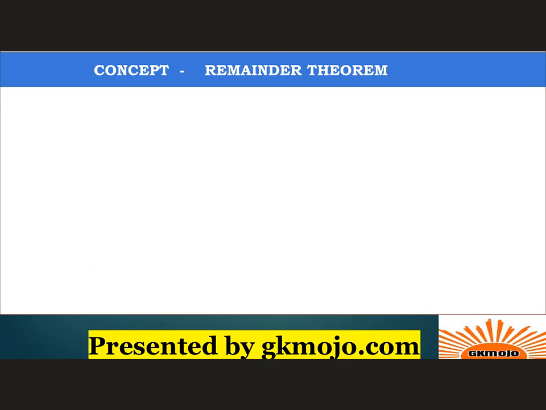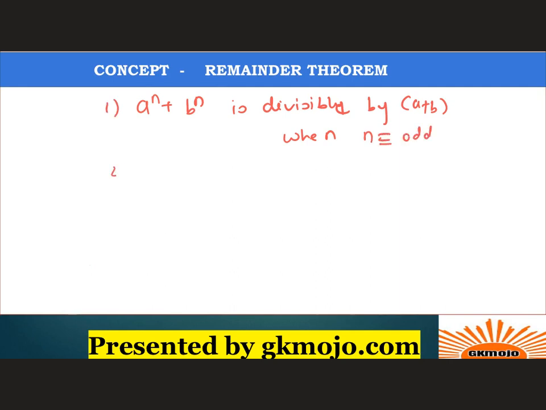Also some things that you should definitely know: a power n plus b power n is divisible by a plus b when n is odd. And a power n minus b power n is divisible by a plus b when n is even.